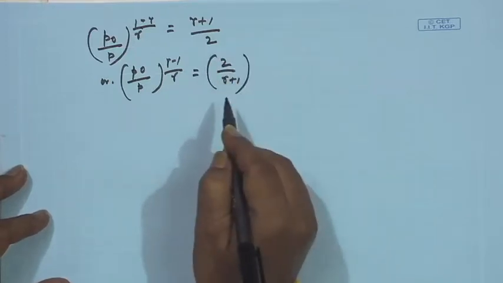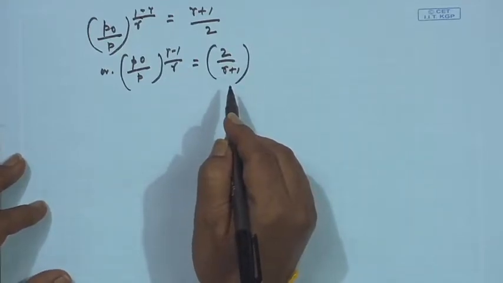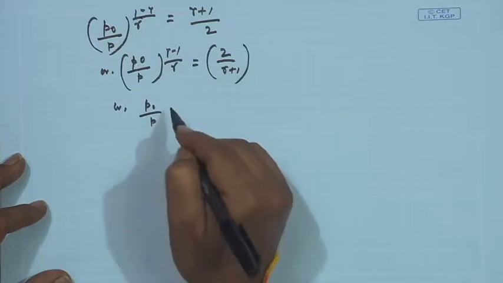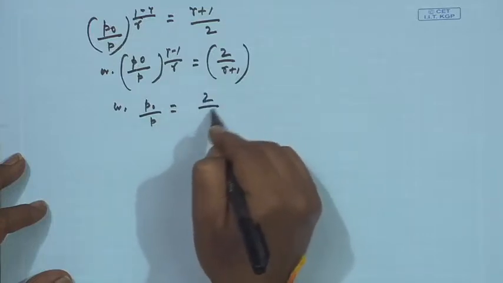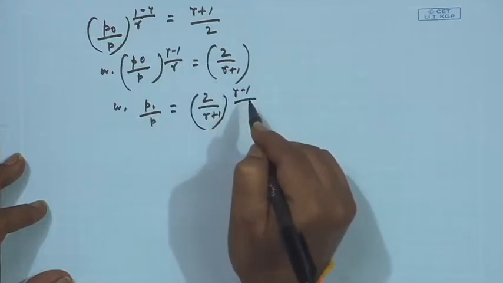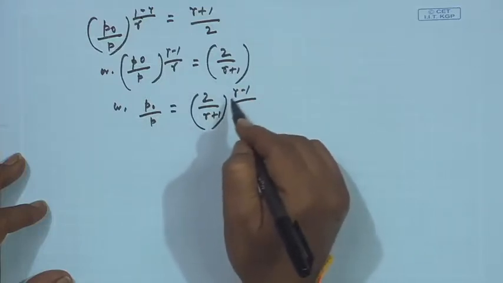This we can write easily. So we can also write P0 over P is equal to 2 by gamma plus 1 to the power gamma by gamma minus 1. In this case it will be inverse.